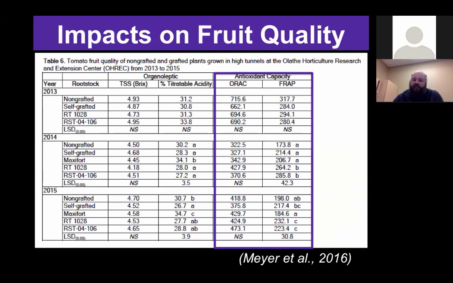But what they did do is they actually increased the antioxidant capacity of the fruit that were coming off of those plants. So it's really interesting to find out that there does seem to be something going on as we change the yield capacity of these rootstocks. It affects nutritional quality, but it looks like the ones that give us the best nutritional quality are the low yielding rootstocks, and our high yielding rootstocks are still similar to non-grafted plants.